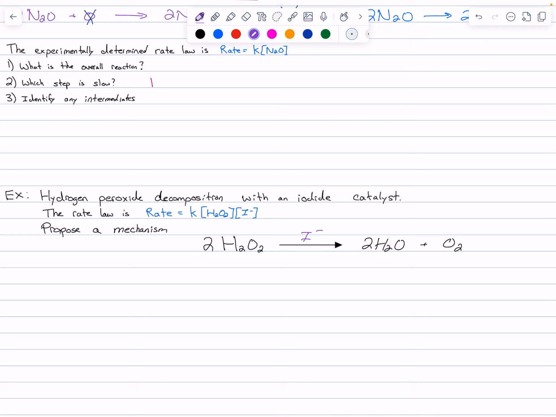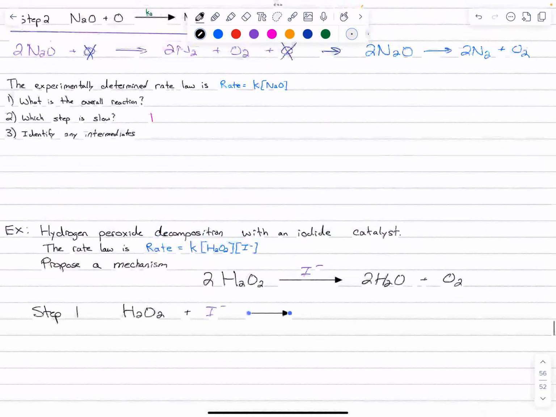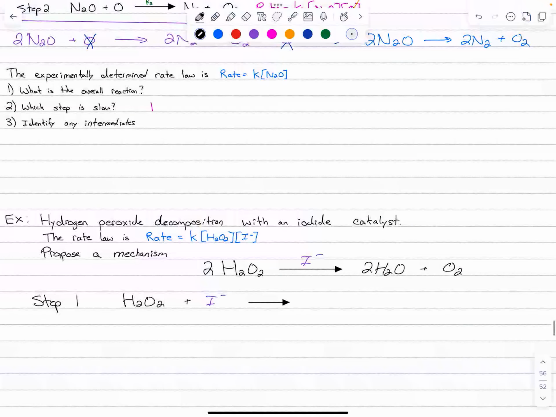And so chances are, in step 1, I'm going to have H2O2 meet up with I minus. If we do that for step 1, what could be the result?